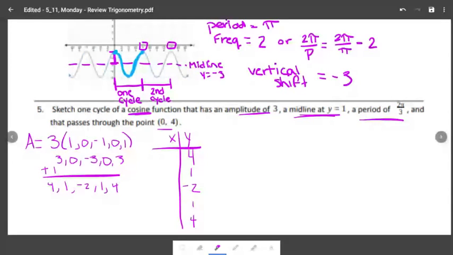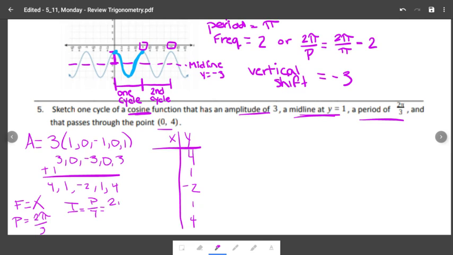Next, to come up with the x's, that's the FPI of half pi. Frequency I don't have, but again, remember, it just helps you get the period, and period was given to us. 2 pi divided by 3. So I don't need the frequency here since I can just jump straight to my period. And then period divided by 4.